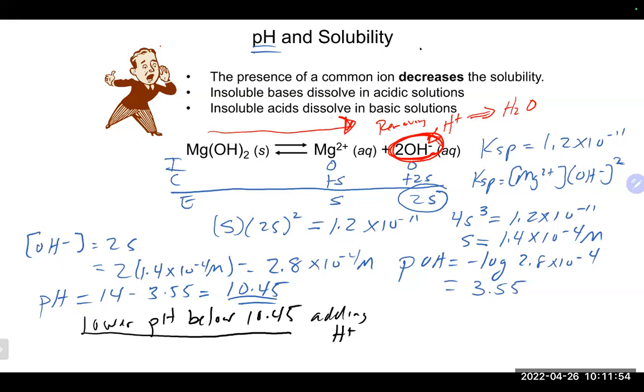On the right-hand side of the arrow, is that solid or aqueous ions? It's aqueous ions, which means it will increase the solubility. So that is what the top sentence means.